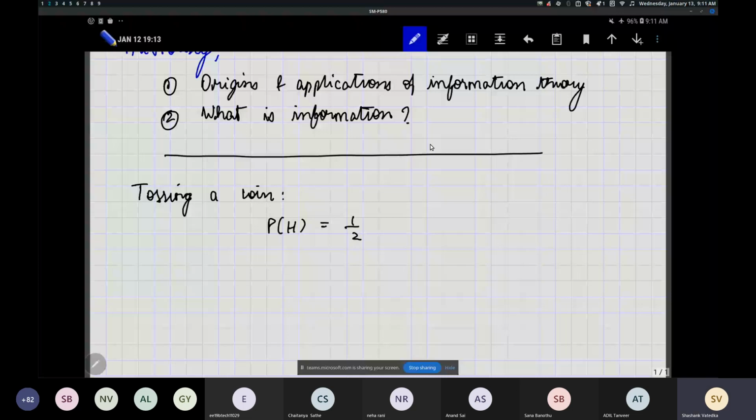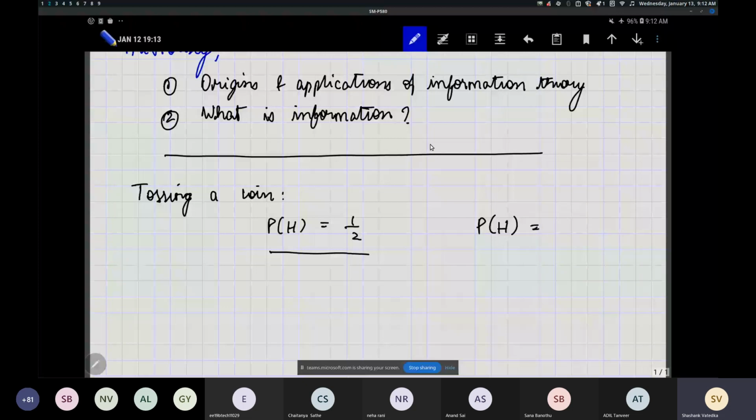Now in contrast, let us take the example where I have a biased coin. At one extreme, one is a fair coin, where the probability of head is a half. On the other hand, I have a Sholay coin. If you watch the movie Sholay, then you know that a Sholay coin is one where both sides of the coin are heads.